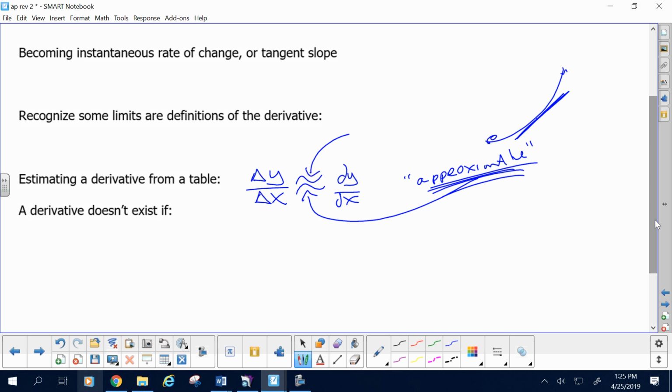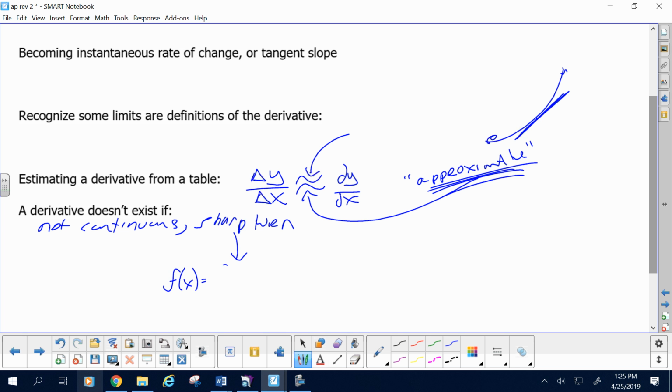All right, what are three reasons a derivative doesn't exist? It's not continuous, discontinuity. What else? Sharp turn. Sharp turn is a worst case scenario. Once every five years, you'll have to prove the derivative doesn't exist at a point.